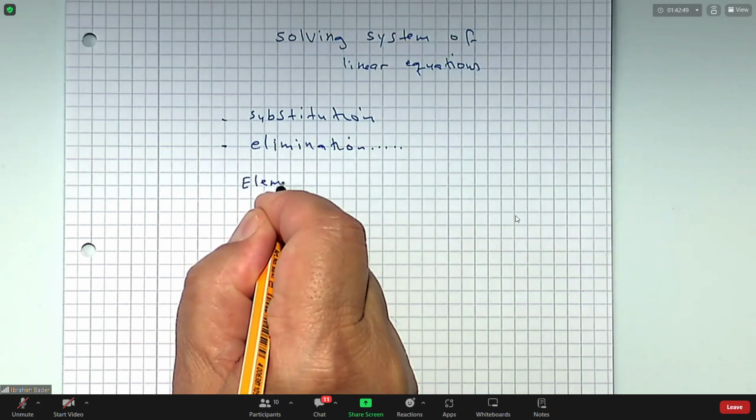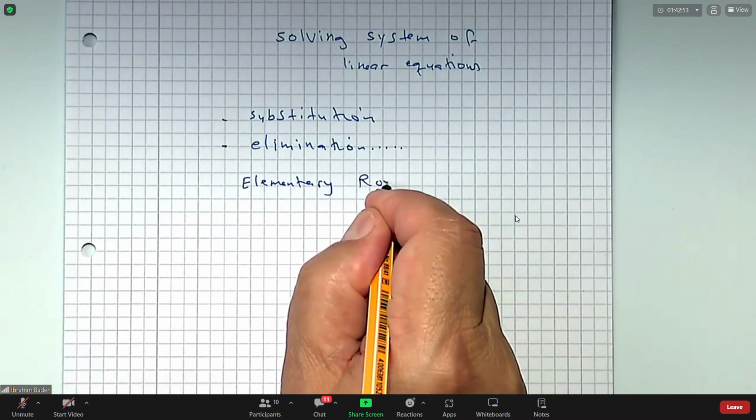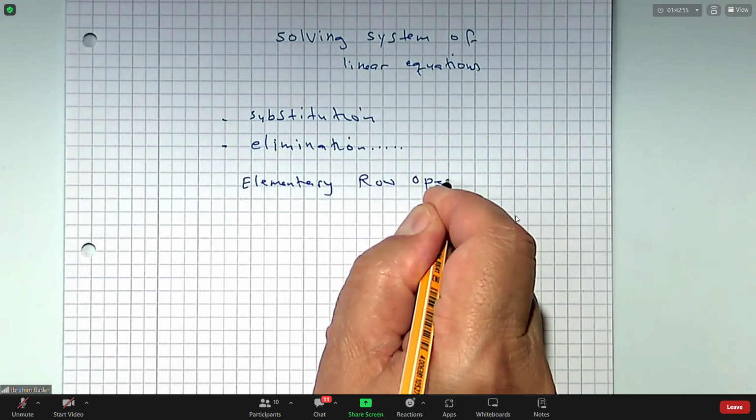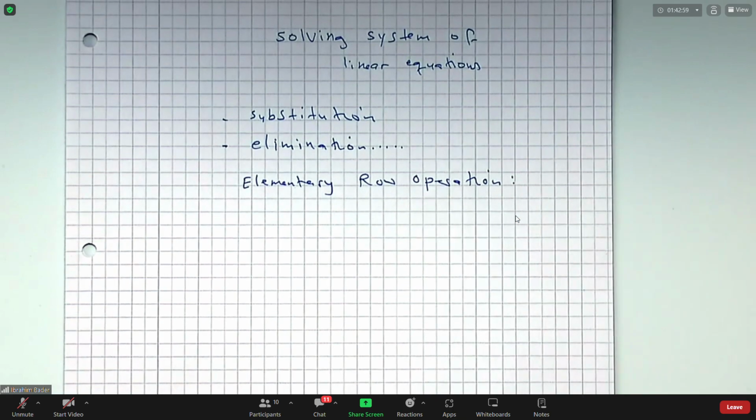These row operations were introduced first by a famous German mathematician, Carl Friedrich Gauss, and in English literature, it's referred to as the Gaussian elimination method.